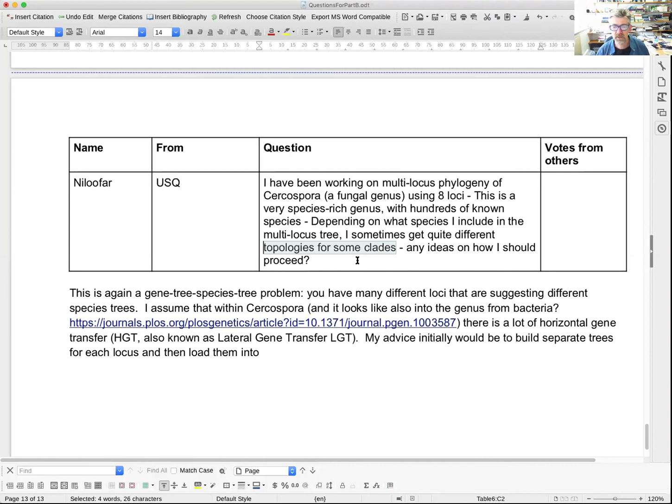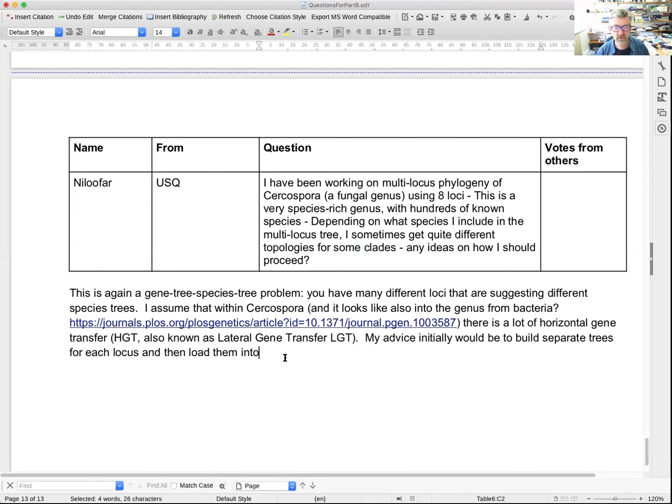But basically, do each locus separately and eyeball it, and load them into, I didn't even finish that sentence, a consensus or tree display program. Okay, tree display.